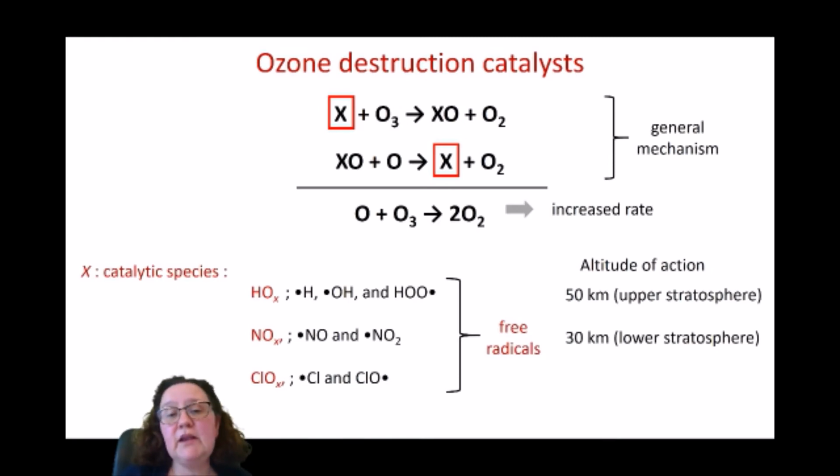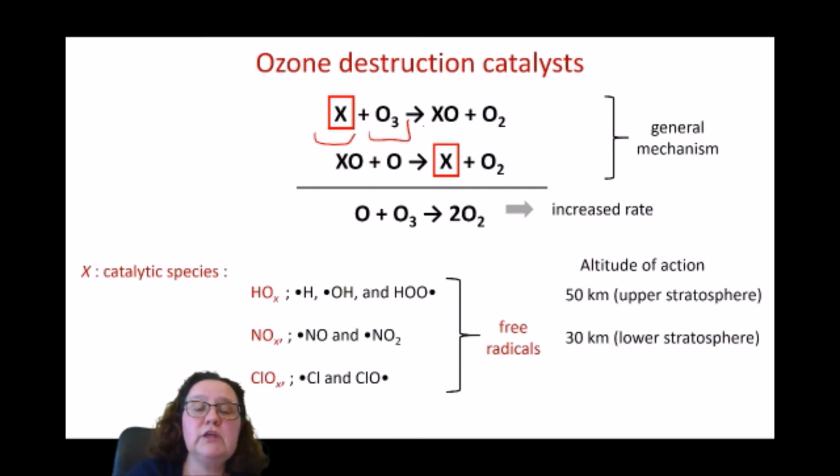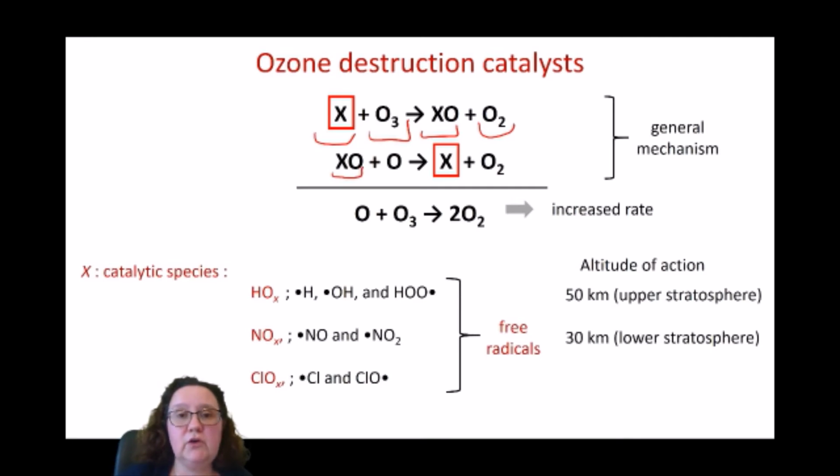The general mechanism for all of them is the same. You've got your molecule of ozone that can react with your ozone destructing species that I've called X to form an intermediate compound and liberate some oxygen. And then the intermediate compound, the oxide of that species, can react with another atom of oxygen to form more oxygen.